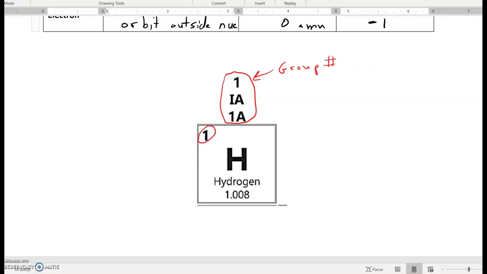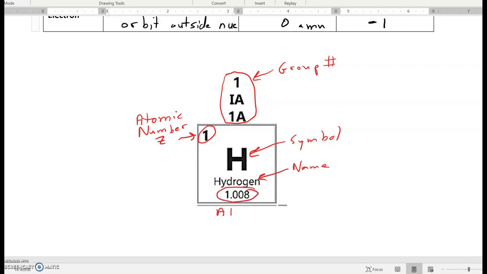It tells us the atomic number up in the corner, and we sometimes label that atomic number Z. It tells us the symbol for the atom and the name of the atom. And then it also tells us the atomic mass of an element, and that's in atomic mass units usually.